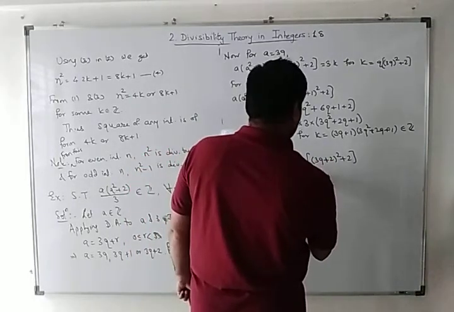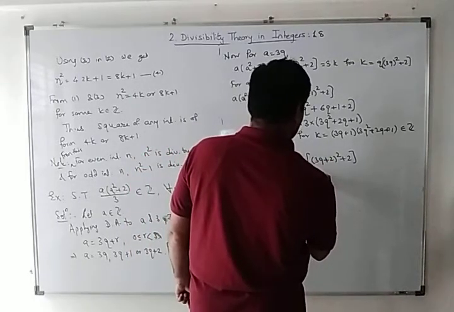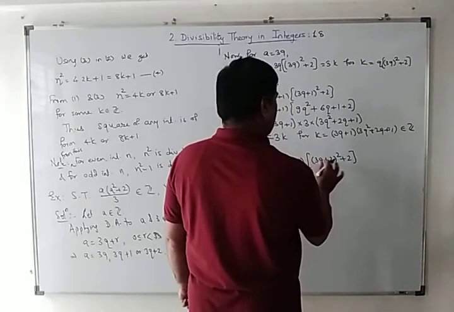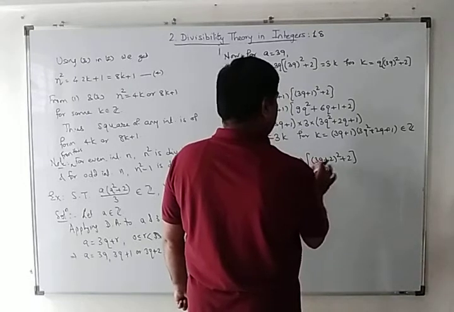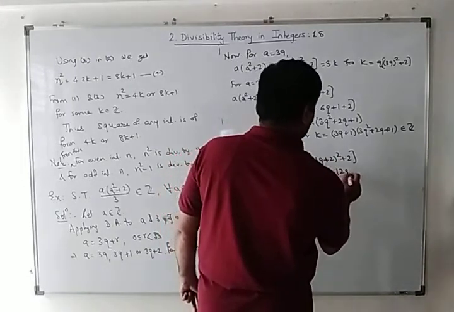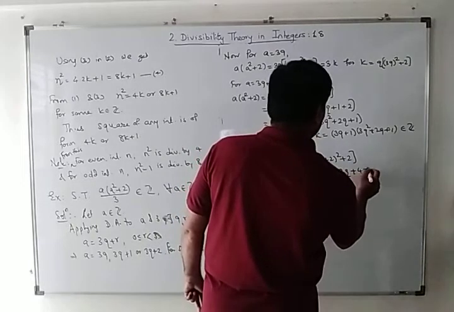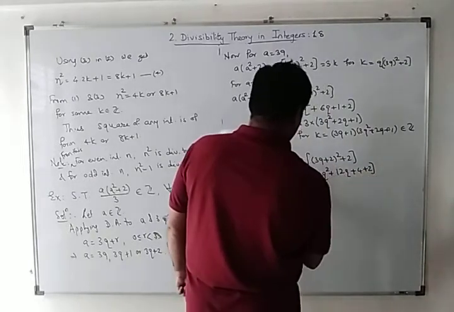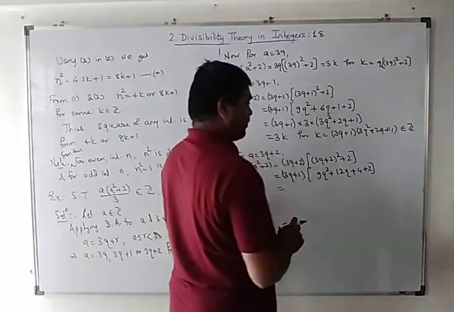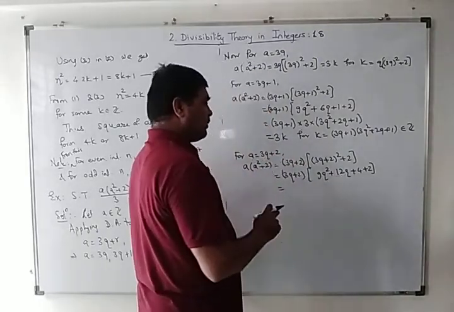So we will get 9q² + 12q + 4 + 2. Now, 9q² is a multiple of 3, 12q is a multiple of 3, 4 plus 2 that is 6 is a multiple of 3.